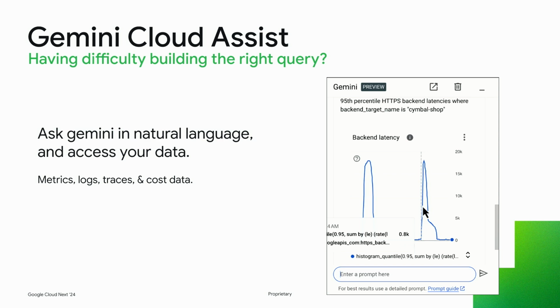This allows you to not have to think about how to translate the question you have into a query language that is unnatural to you, and then run it to retrieve that data back. So Gemini can do it for you. But it doesn't stop with monitoring data. In this example it's with PromQL, but you can do this with SQL or any other query language to access your metrics, logs, traces, cost data, and the list goes on. Wouldn't we all want to live in a world where you don't have to build any more queries?